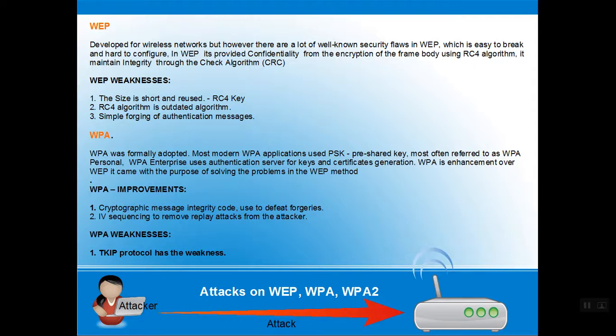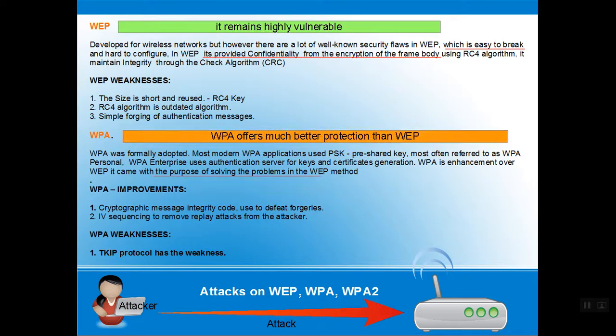On the next slide, we have the brief definitions. WEP, as we know, is Wired Equivalent Privacy. It remains highly vulnerable and is easy to break, and it provides confidentiality through encryption of the frame body. So it's not recommended nowadays, it's now obsolete.